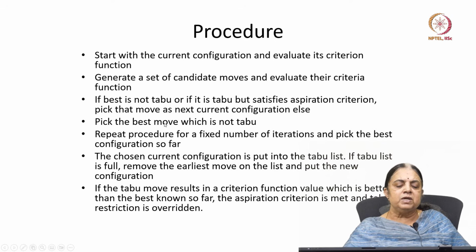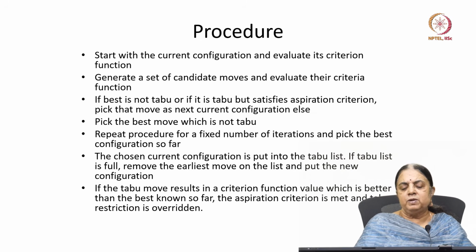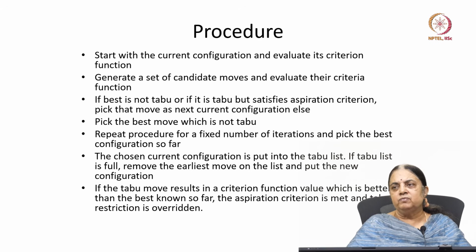So in other words, you pick the best move which is not Tabu, and then you repeat this procedure for a fixed number of iterations and pick the best configuration you have found so far. And every configuration which is chosen to be the current configuration is put onto the Tabu list. So suppose you have X elements in your Tabu list.